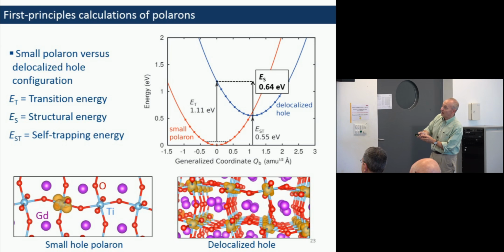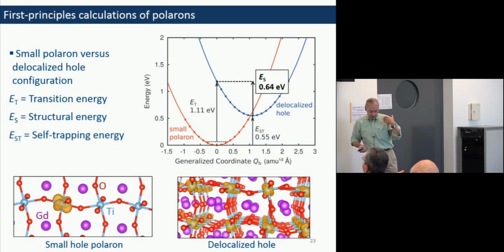And by comparing the energies of these two curves, we can see the amount of energy by which the small polaron is stabilized. That's about half a volt. Okay? And we can also see how much energy it would cost to take the small polaron state to the delocalized state. Okay?